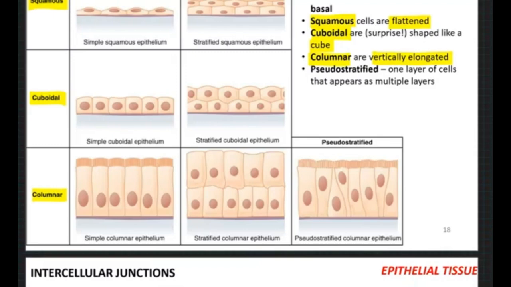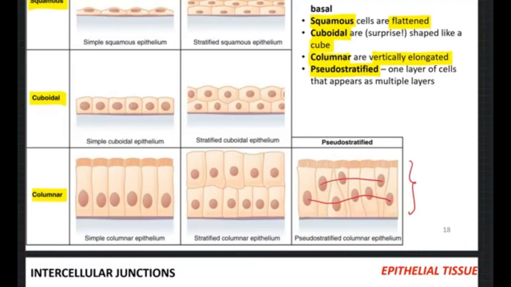Now, there is a special type called pseudostratified. It is shown here at the bottom. So it has one layer of cells. But if you look at the position of the nuclei, it looks like nuclei form two layers. So this is why we call it pseudostratified.